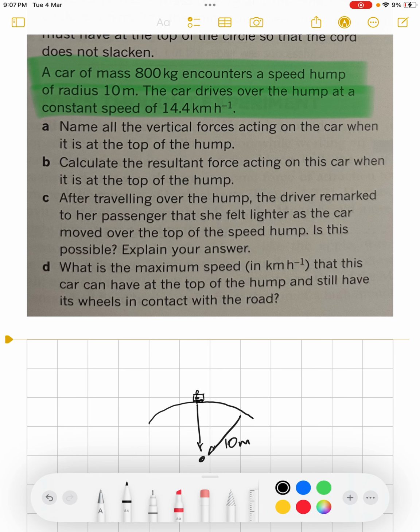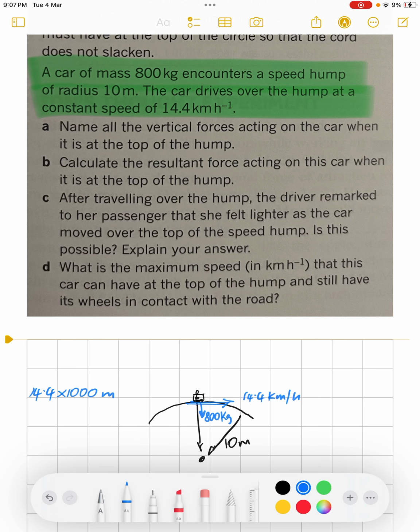Okay. So we're dealing with a mass of 800 kilograms, and we're going at a velocity of 14.4 kilometers per hour. So let's convert this.